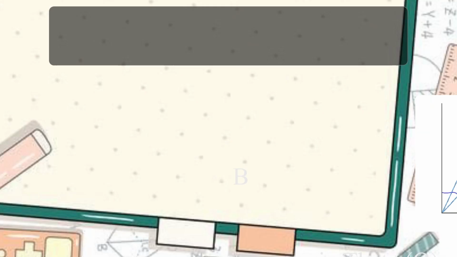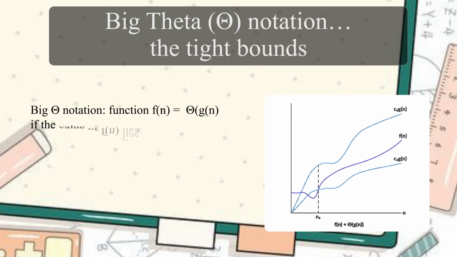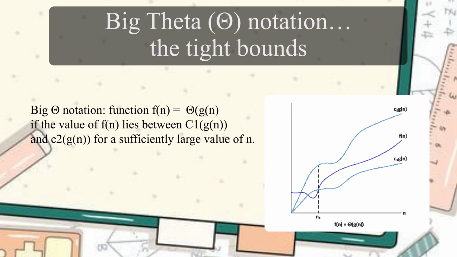Now, the last but not the least is big theta notation, which basically represents the tight bounds. Big theta notation says that function Fn equals theta Gn if the value of Fn lies between C1 Gn and C2 Gn, so lower bound and upper bound, for a sufficiently large value of n.